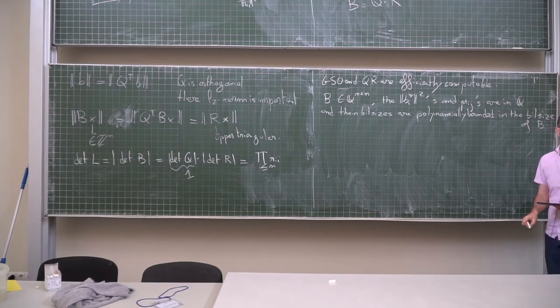I'm not going to go into the details of this. I'm just saying that all this is efficiently computable. So from now on, we assume that if we have B, we have R, and this is essentially for free.